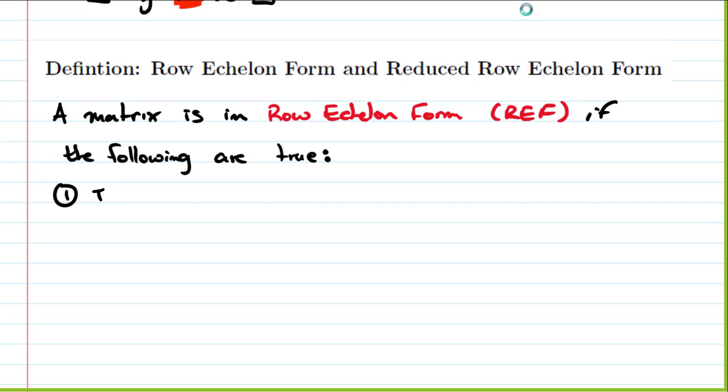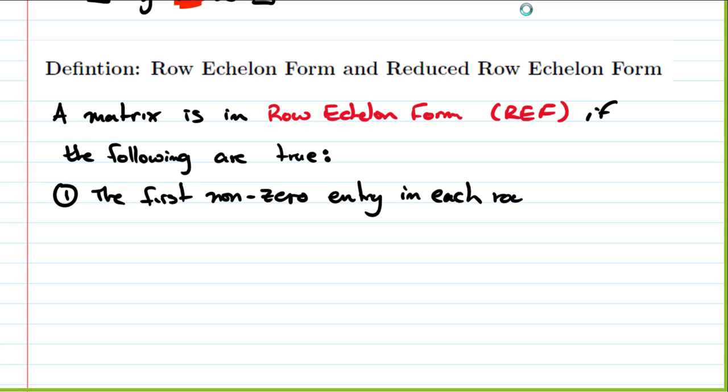So 1, the first non-zero entry in each row is 1.